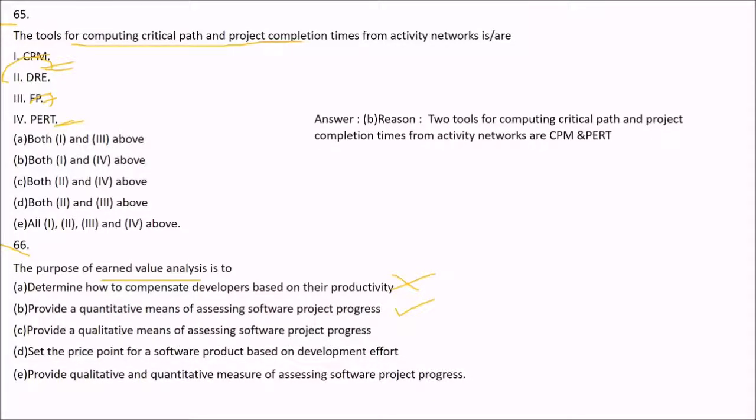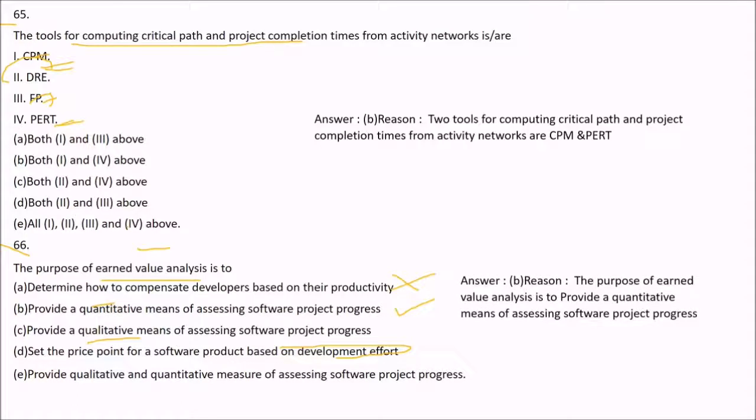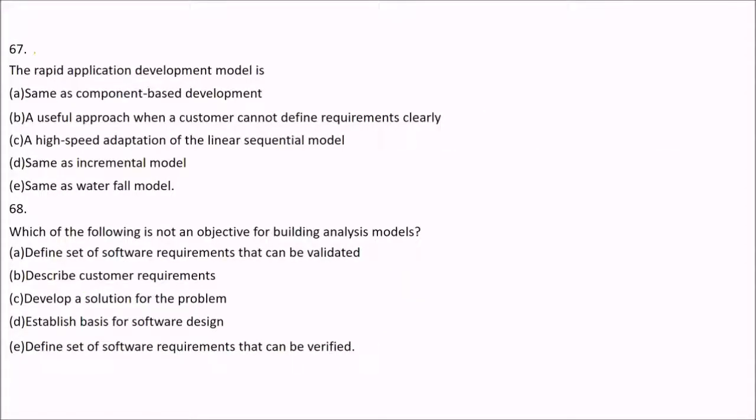Provide a qualitative means for assessing, no, because this is not qualitative. Earned value analysis is quantitative. Set the price point for software product based on development effort, no. Provide qualitative and quantitative measures of assessing software project progress, no, only quantitative. So the answer is: the purpose of earned value analysis is to provide a quantitative means for assessing software project progress.